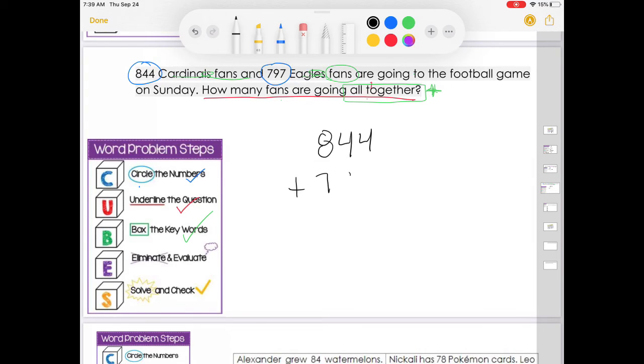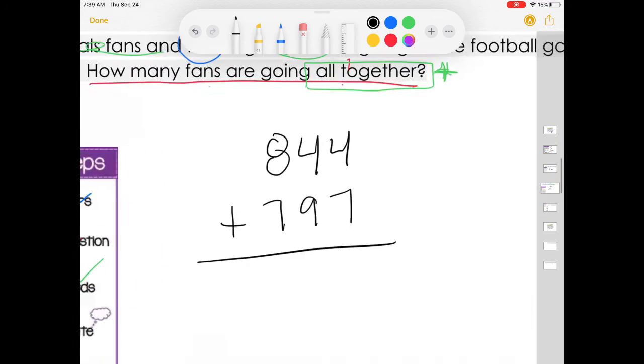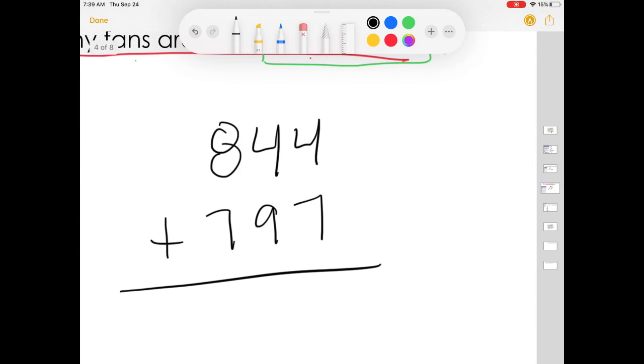844 plus 797. So I'm going to look at my ones column. 7, 8, 9, 10, 11. 10, 1, carry my 1 up. 9, 10, 11, 12, 13, 14. Oh no, I have to regroup again. 4 goes down below.